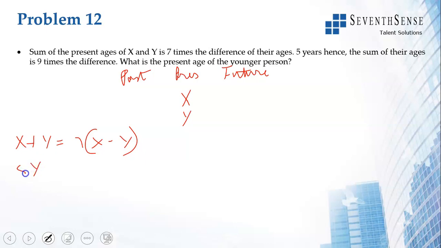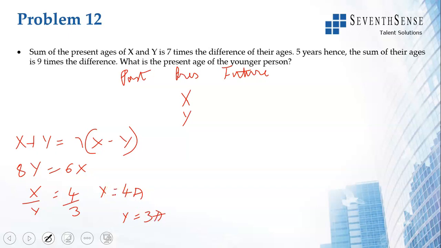So 8y is equal to 6x, x by y is equal to 4 by 3. What this means is, you could write this as x is 4a and y is 3a, right? So x by y is 4 by 3.